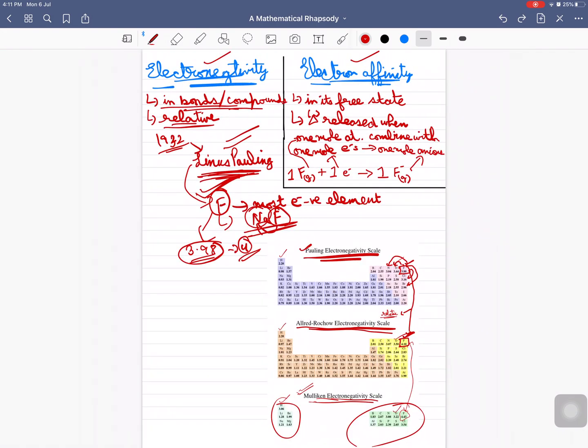We should always remember that electronegativity, since it forms in compounds, is relative, while electron affinity, which is the energy released when 1 mole of atoms combine with 1 mole of electrons to give 1 mole of anions, is not relative. Right? It is fixed.